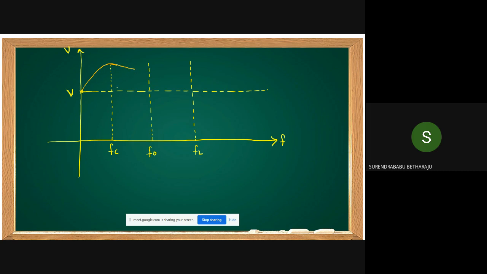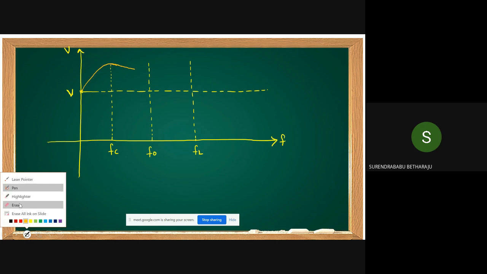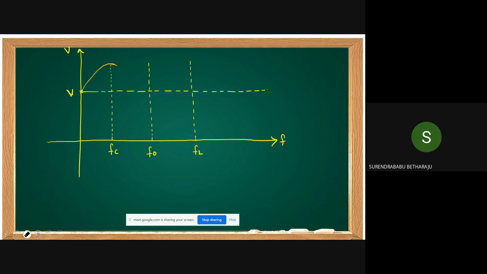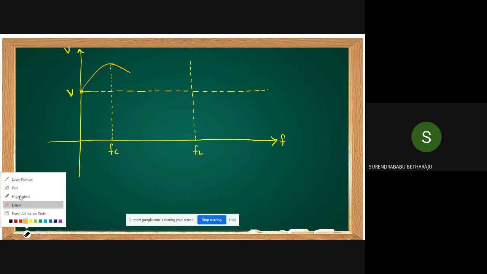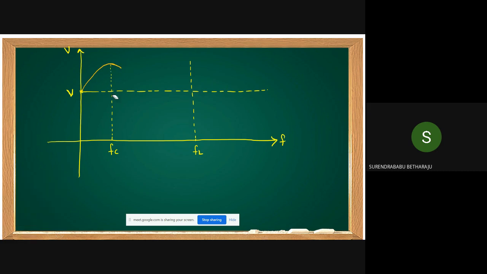Then it is going to decrease like this. After reaching the maximum value, it necessarily decreases. Just a minute, later on I will represent this curve. Yes, friends, after reaching the maximum value, the voltage across the capacitor is reducing.